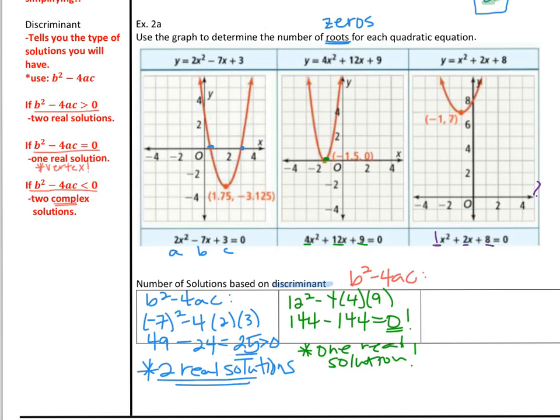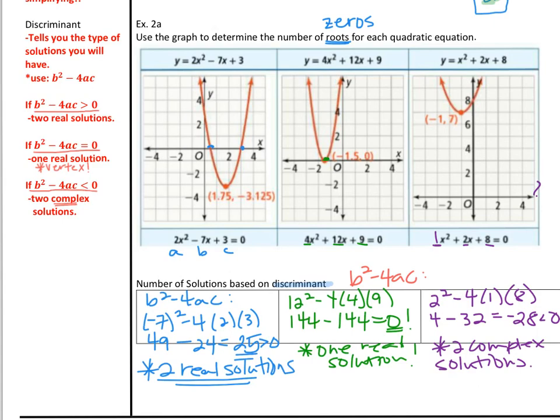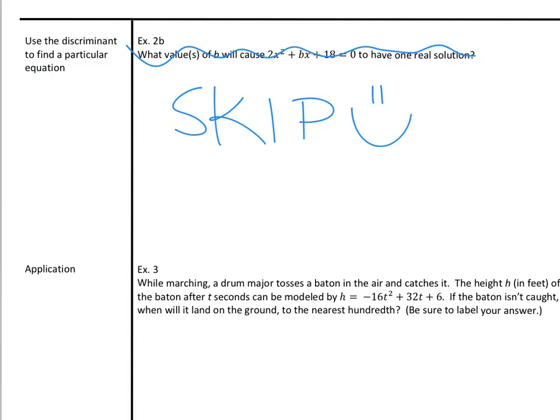Plugging it into b squared minus 4ac, we would have 2 squared minus 4 times 1 times 8. 2 squared is positive 4, minus 4 times 1 times 8 would be 32. 4 minus 32 is negative 28, and that's less than 0. Because of that rule, that means we have two complex, or imaginary, solutions. And that's just a useful way that the discriminant can help you when solving these quadratic functions.